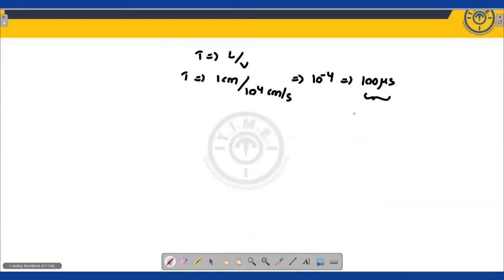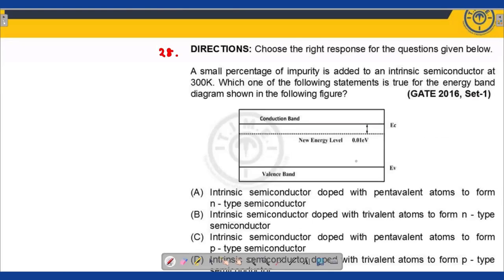Next problem. Now, my dear friends, I'm going for question number 28 here, which is pretty important, how to solve this particular question also. Now see here in the question: a small percentage of impurity is added to the intrinsic semiconductor at 300 degrees Kelvin.